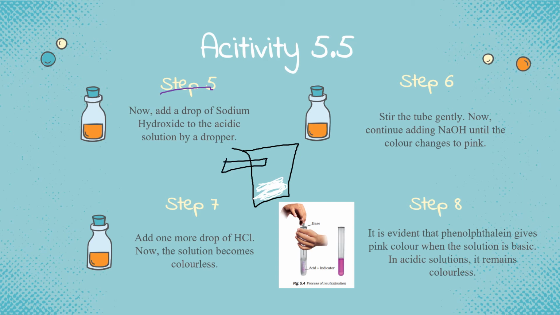NaOH is white in color, so we'll drop a white sodium hydroxide drop into the solution. When you stir the tube slowly, you will notice that the solution turns a bit pinkish, light pink, right? So now we'll continue adding NaOH until it turns fully pink.